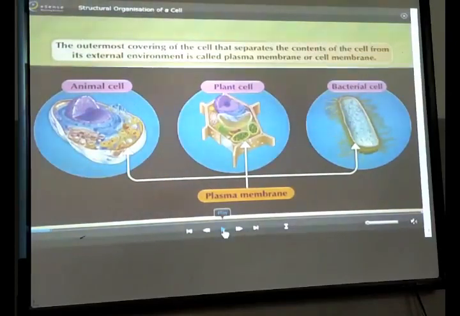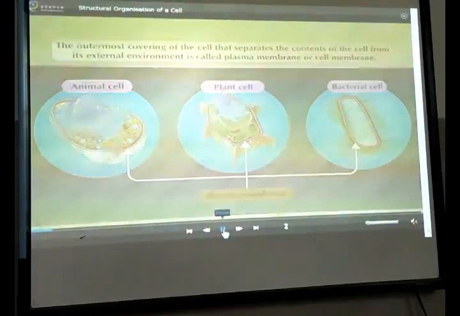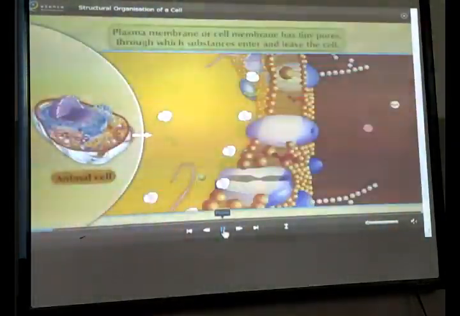This covering of the cell separates the contents in different cells. Here three types of cells are given, and each contains a plasma membrane.